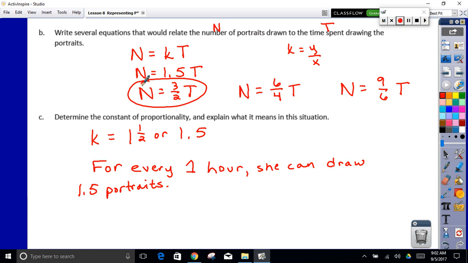How many what? Okay, but in this situation, yep, how many she can draw in one, but in a more general. Jake, you want to help her out? Constant of proportionality. Good. K stands for the constant of proportionality. And what's another name for the constant of proportionality? Adria? The unit rate. We can also call that the unit rate.